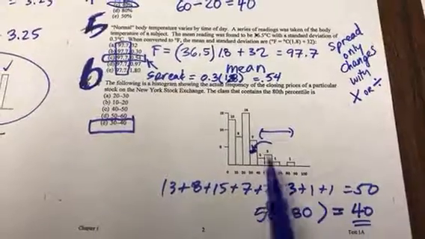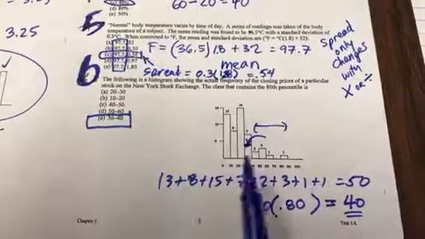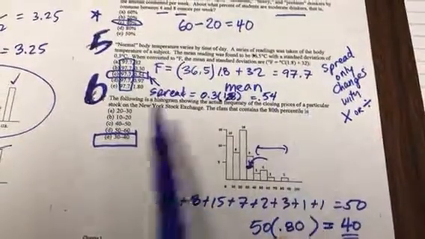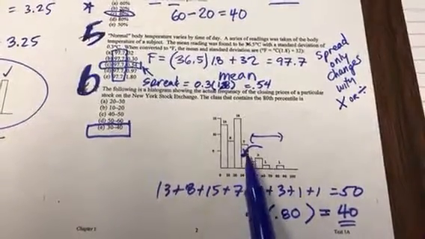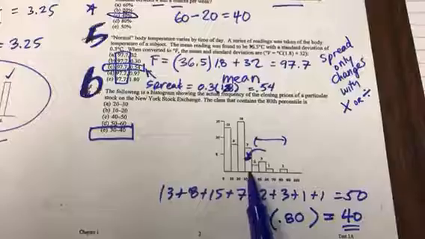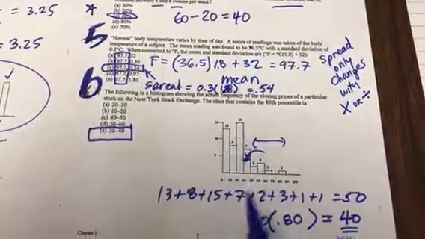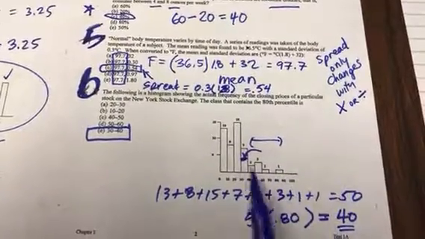So the upper 20% of the prices on the stock exchange fell right in this part of the histogram. We could also add this up, and again, that would be the lower 40, and this is the top 10.